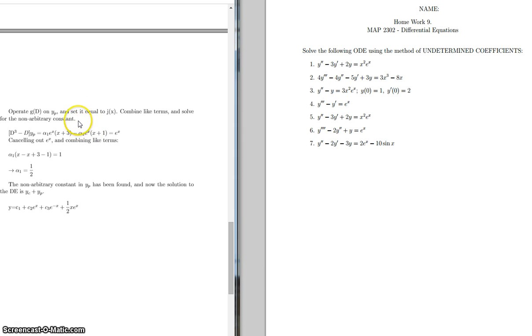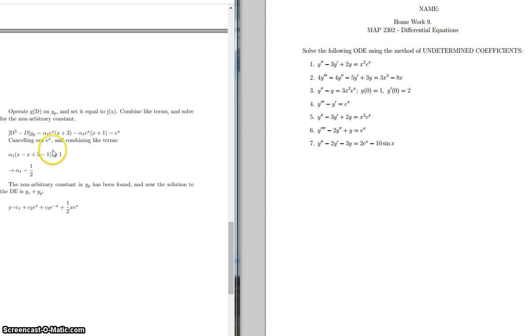The next step is to operate g of d on yp and set it equal to j of x. Combine like terms and solve for the non-arbitrary constant. So d cubed minus d operated on yp gives us alpha 1 e to the x times x plus 3 minus alpha 1 e to the x times x plus 1 equals e to the x.